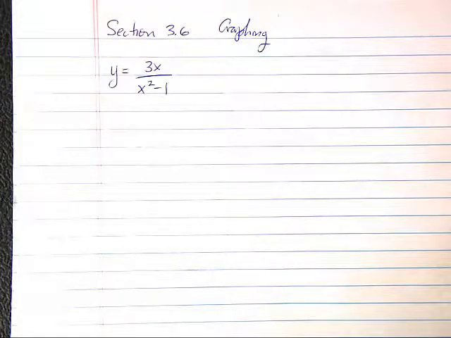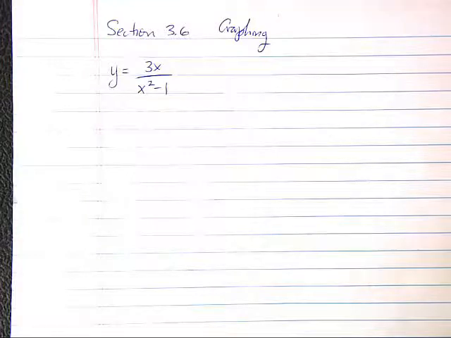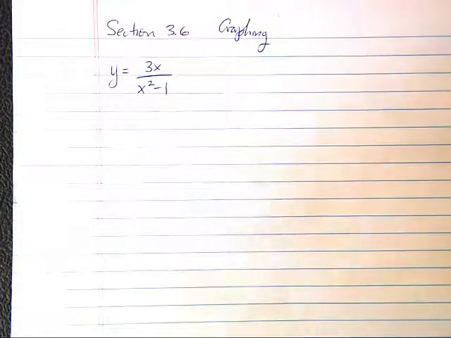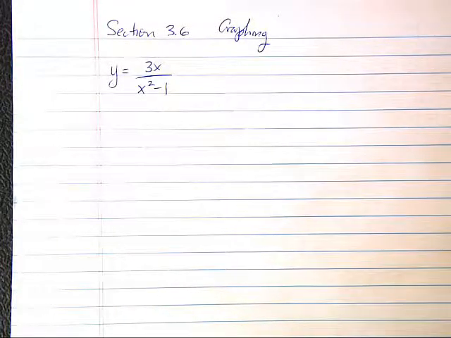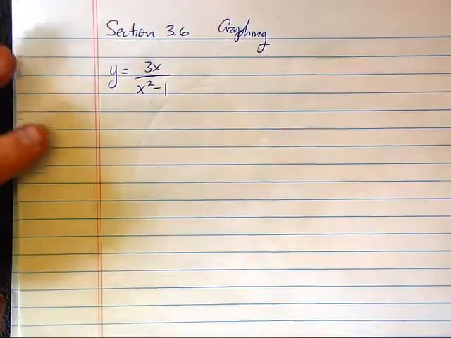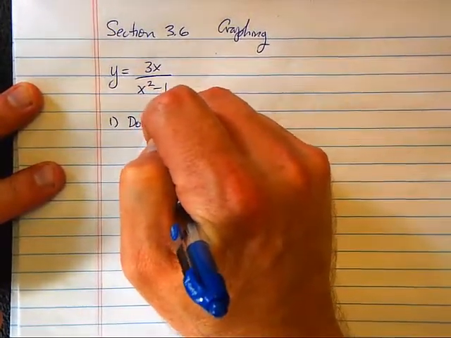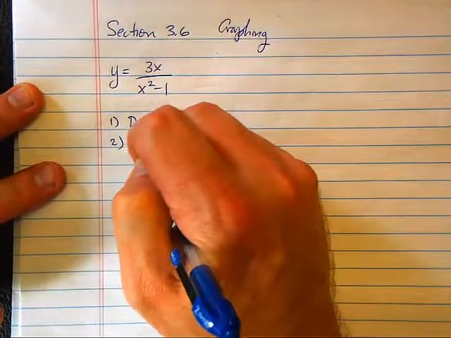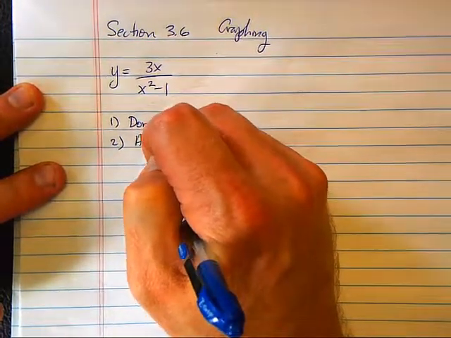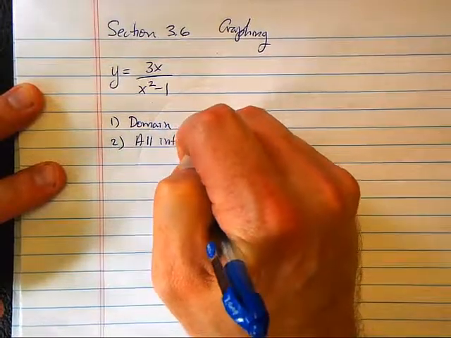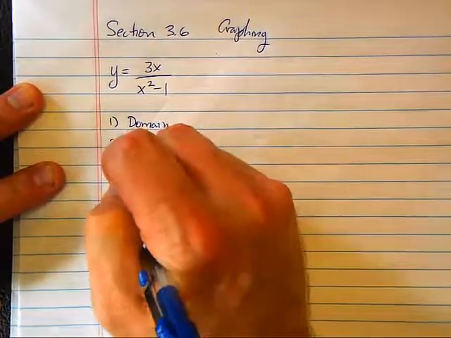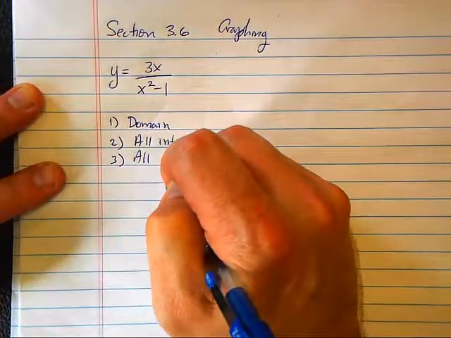Nothing new. Section 3.6 is kind of a combination of the last three sections we've done. So I'm going to give you a function like y equals 3x over x squared minus 1, and I'm going to ask you a lot of questions. I might ask you, what's the domain? Find all intercepts. Find all asymptotes.